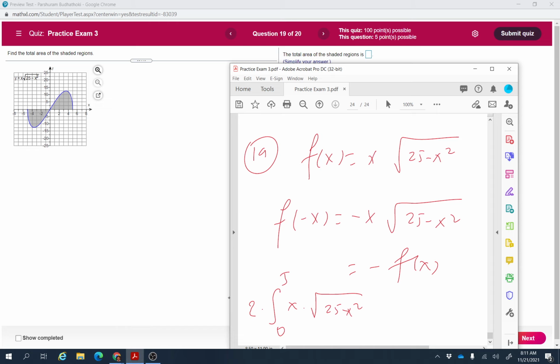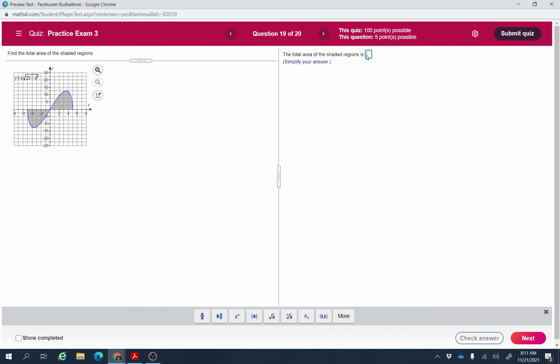Eventually, you have to use the substitution rule the way we did in problem 18. After using that, the integration for this one would be 250 divided by 3. Use the substitution rule like we did in problem 18.